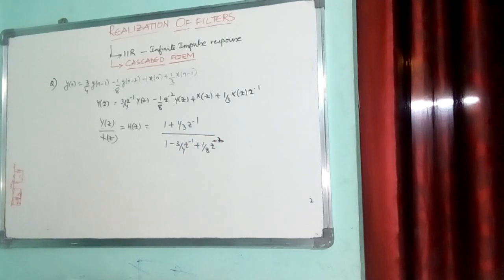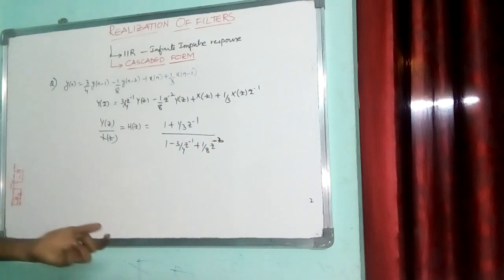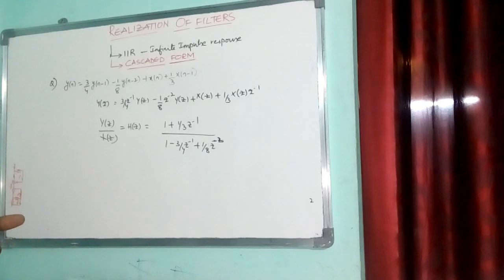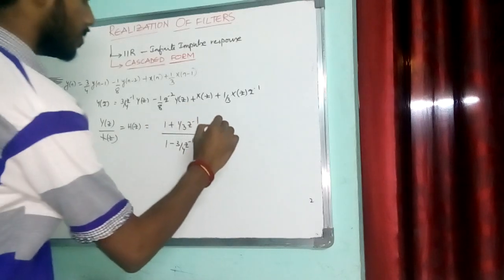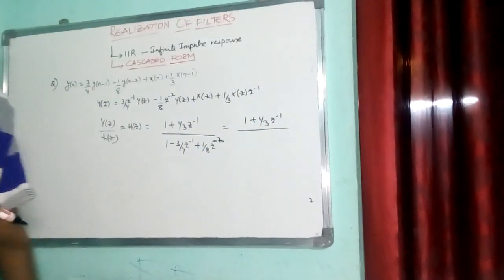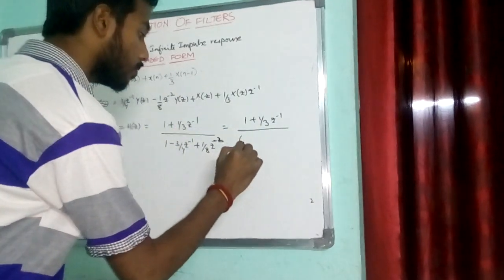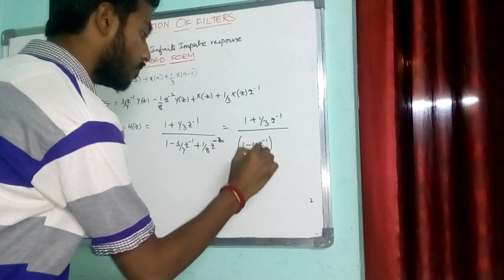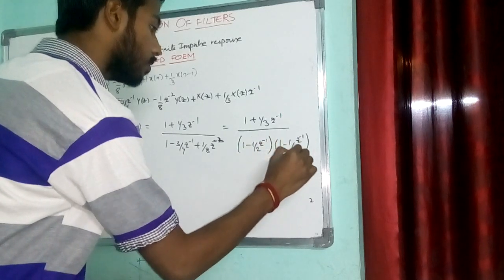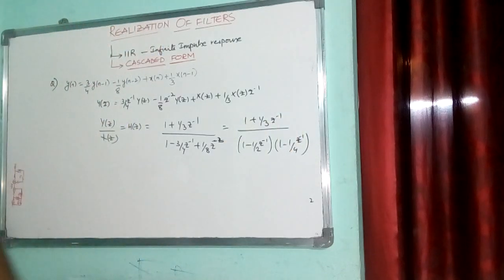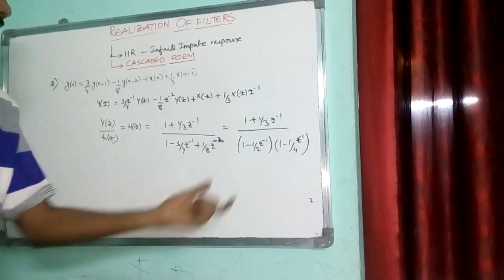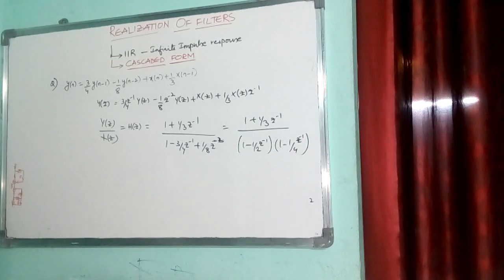Now after simplification of the denominator into partial fractions, we have 1 plus 1 by 3 z inverse divided by 1 minus 1 by 2 z inverse into 1 minus 1 by 4 z inverse. I am splitting my denominator into partial fractions, so I get this as my output.